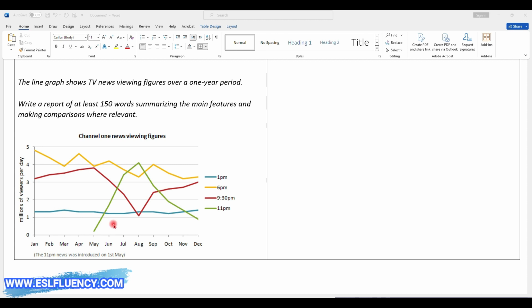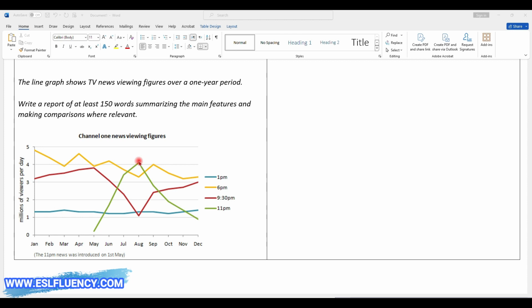Let's take a look at the other two. The numbers for the red one increased steadily until here, and then drops to about 1 million in August. If you pay attention, a new broadcasting time was introduced at 11 p.m. on May the 1st, as it is written here, and gained quick popularity and reached the top in August.